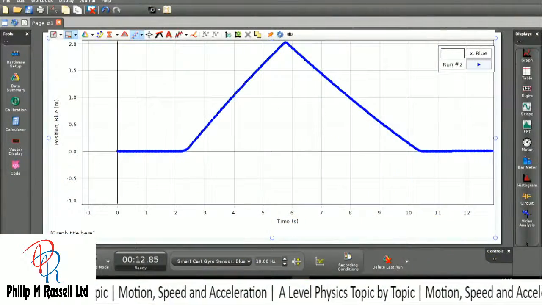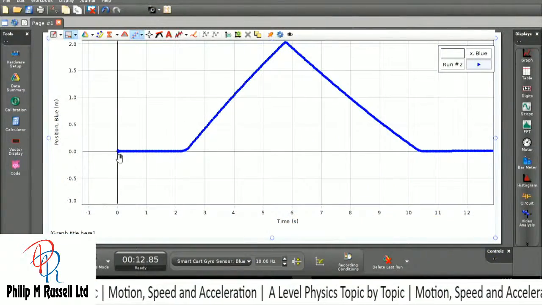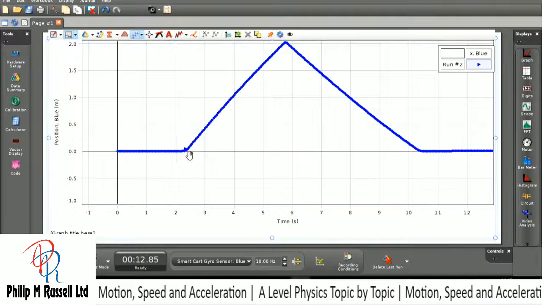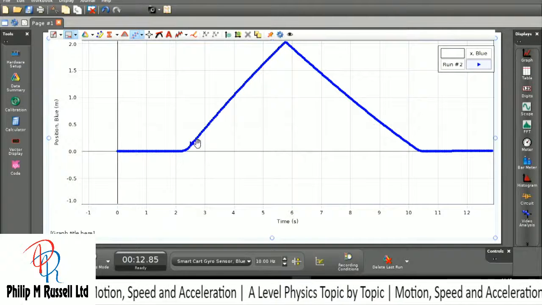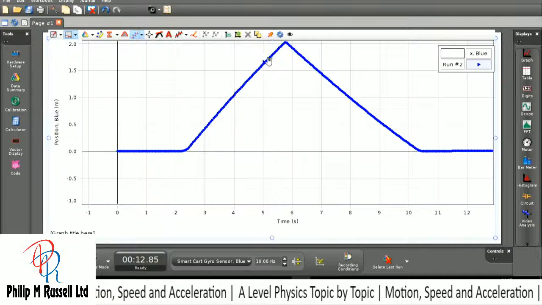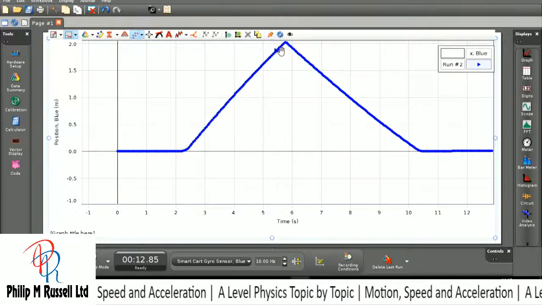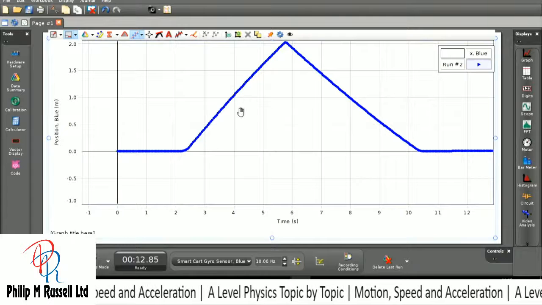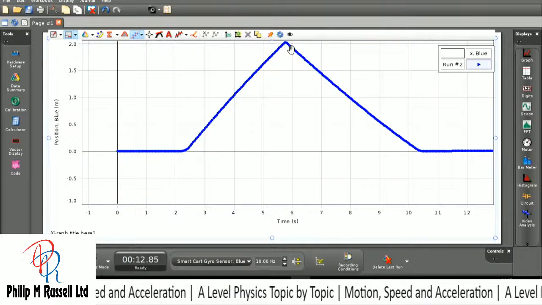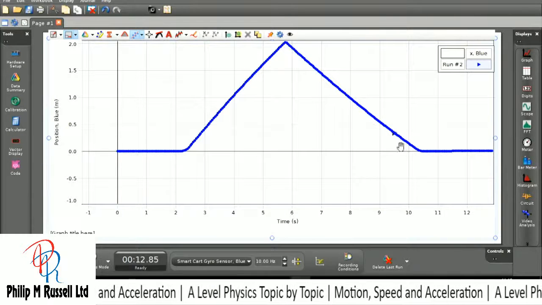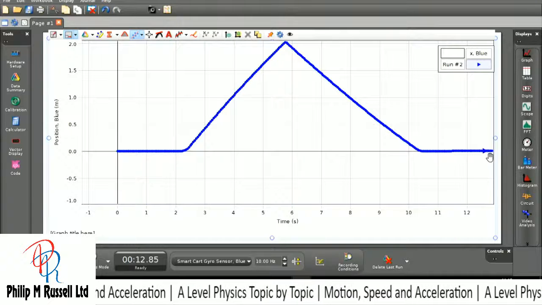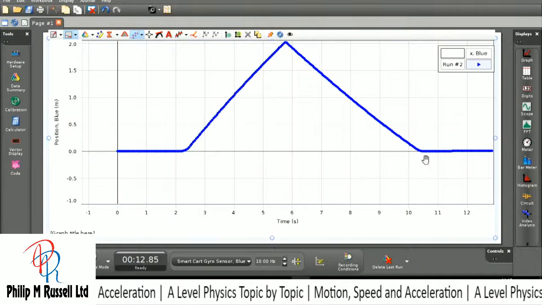And we've got the same graph as we had before. We started, I gave it a quick push, and here we've got this distance time graph. It then bounces, comes back and slows down and returns back to the position it started.